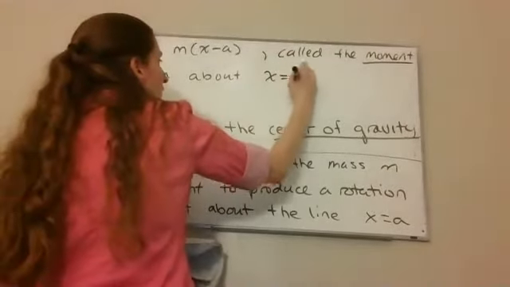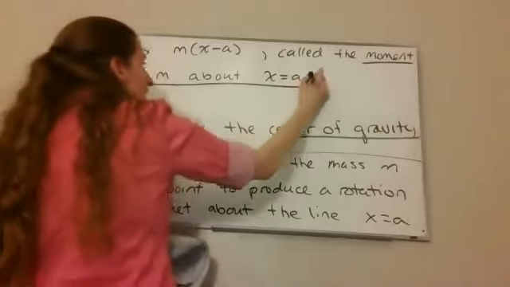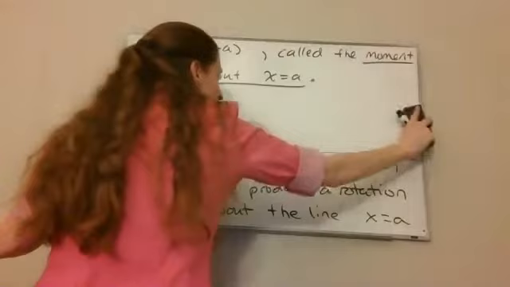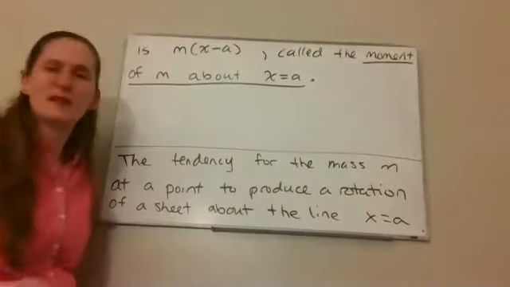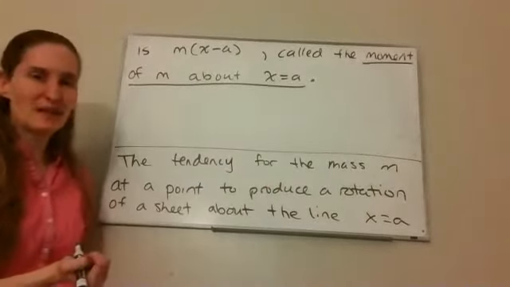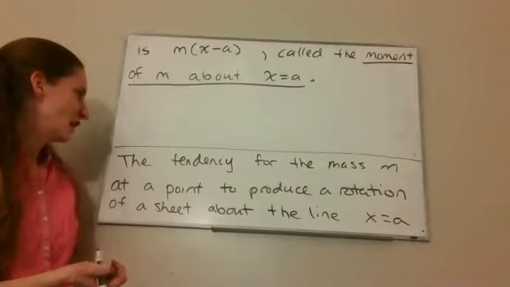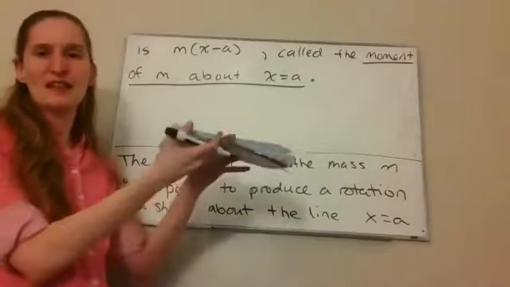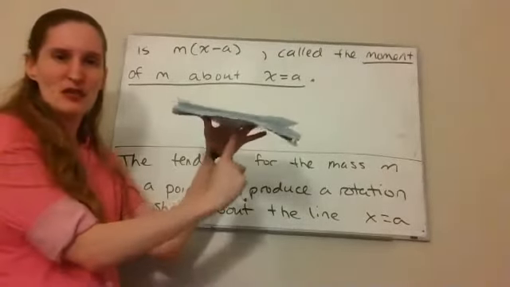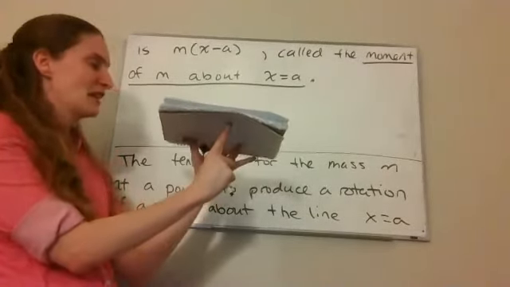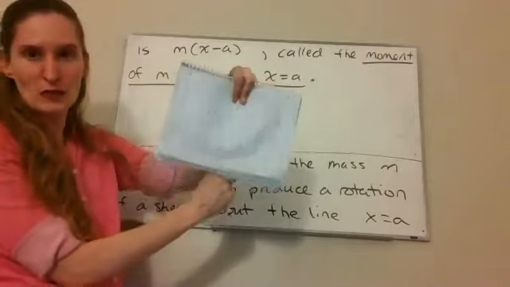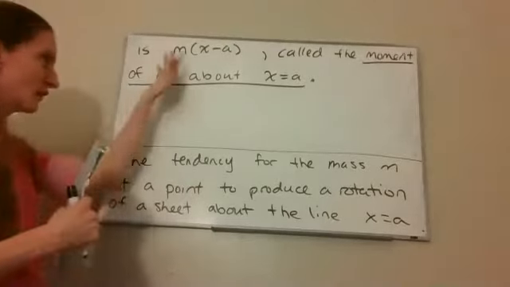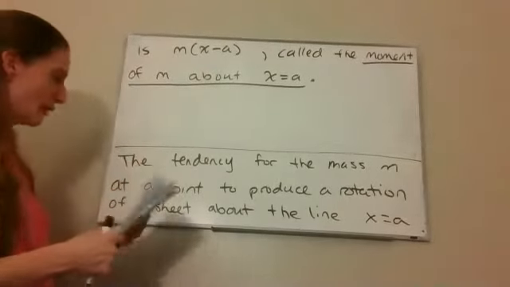So what this is saying here is picture, we were just talking about the center of gravity, a point where it balances perfectly. This is talking about if you were trying to balance your lamina, pretend this is thin enough to be a lamina, trying to balance it on a point, the tendency of the mass to rotate over in a particular direction is given by this formula, and it's called the moment.